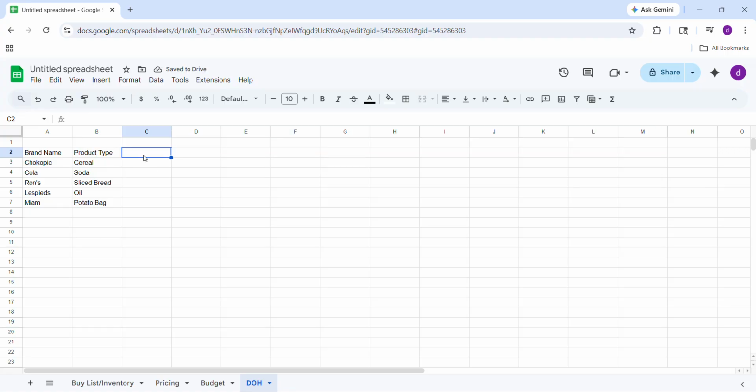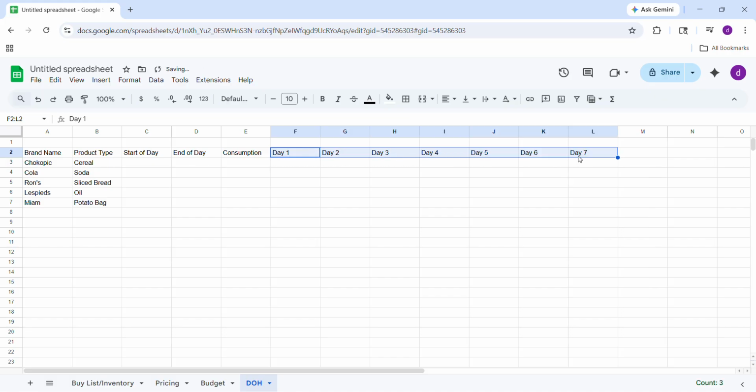So we're going to do start of day, end of day, consumption, how many items were consumed or bought, and then we're going to do day 1, day 2, day 3. I'm going to copy and paste this. Let's see if it automatically does it 4, 5, and 6. Yes, it does. Okay, average, and then DOH.